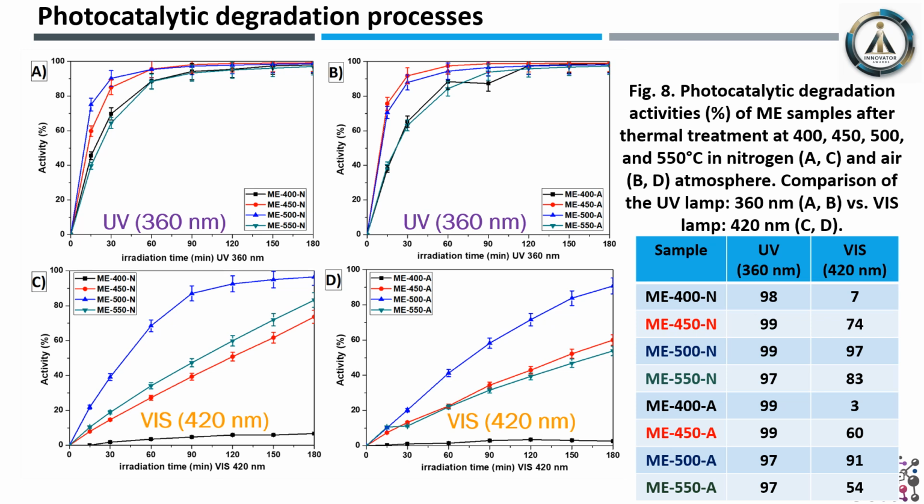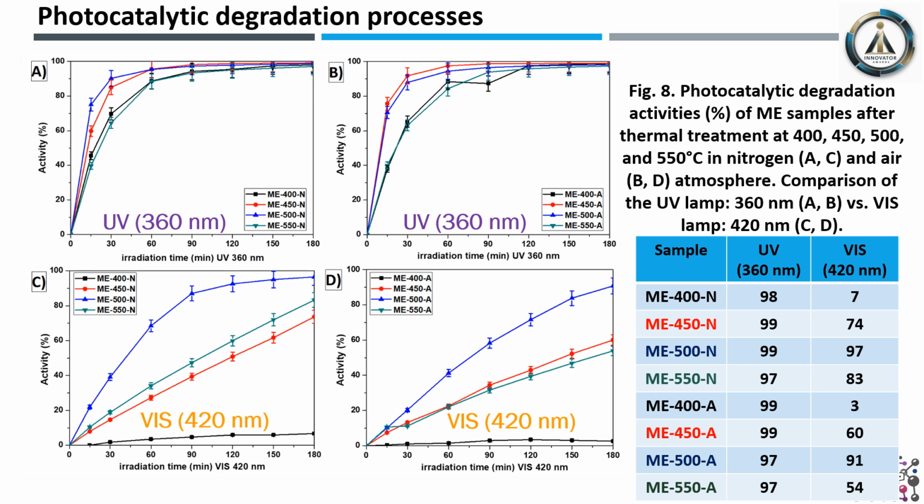Considering the pristine melon sample which was synthesized at 450 degrees under air, exhibited 76% of the initial activity after 15 minutes of UV irradiation.